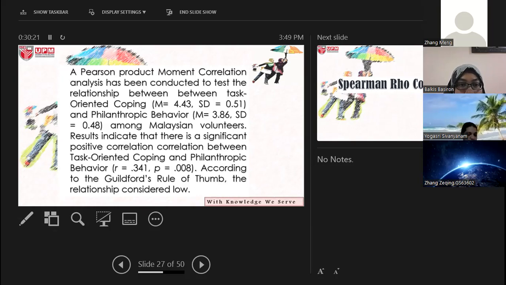Results indicate that there is a significant positive correlation between task-oriented copying and philanthropic behavior, correlation coefficient equals 0.341, significant value equals 0.008, and according to the Guilford rule of thumb, the relationship is considered low. So this is how you can present your finding.